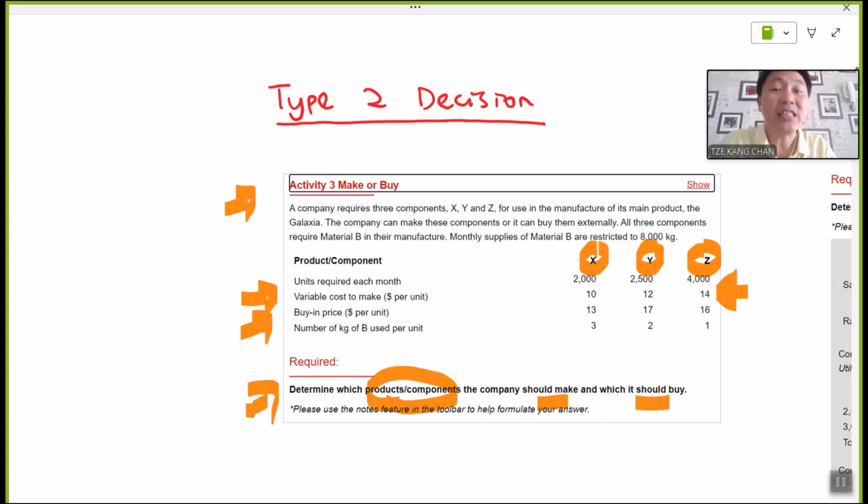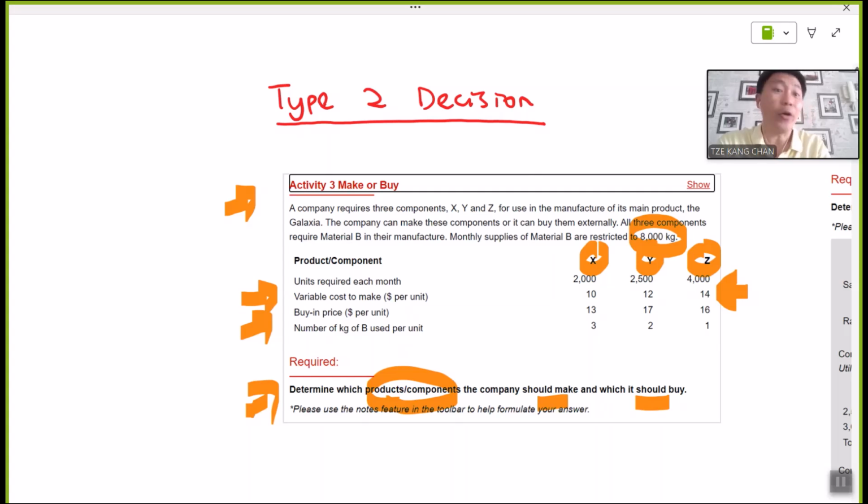However, this isn't the answer if it comes with the presence of a limiting factor. Particularly, they said the supply of one of the resources, material B, is limited to 8,000 kilos.